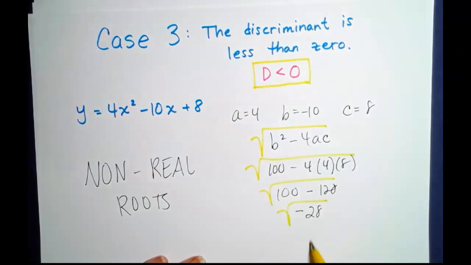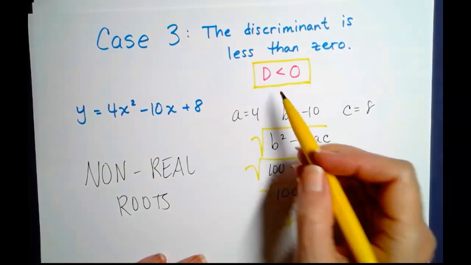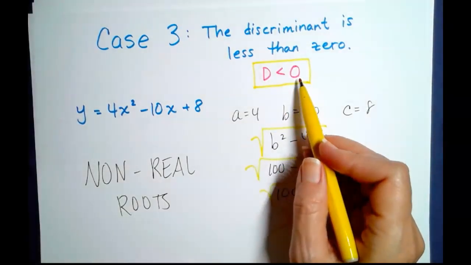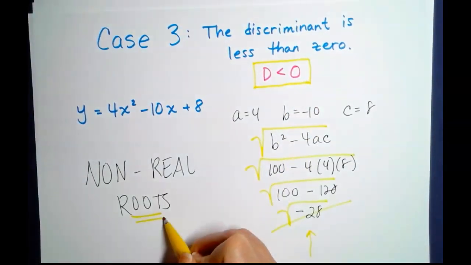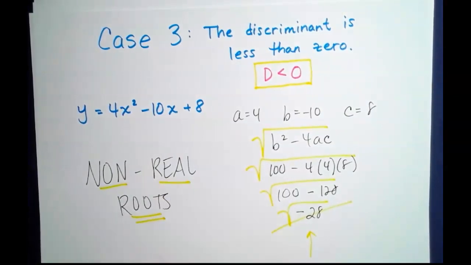So, if I try to take the square root of a negative number, is there anything that we can multiply to itself and get a negative number? No, not in the real number system. Therefore, I know that since my discriminant is less than 0, that my roots are non-real. They actually are imaginary, and we will learn all about those in Algebra 2.